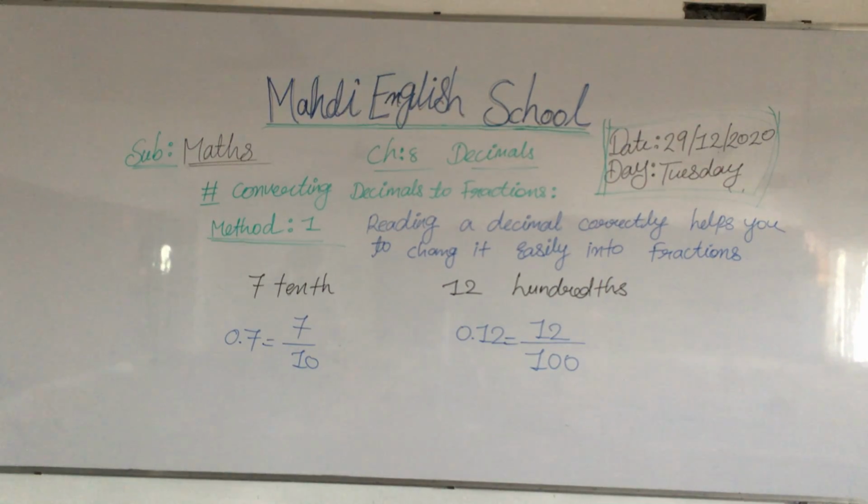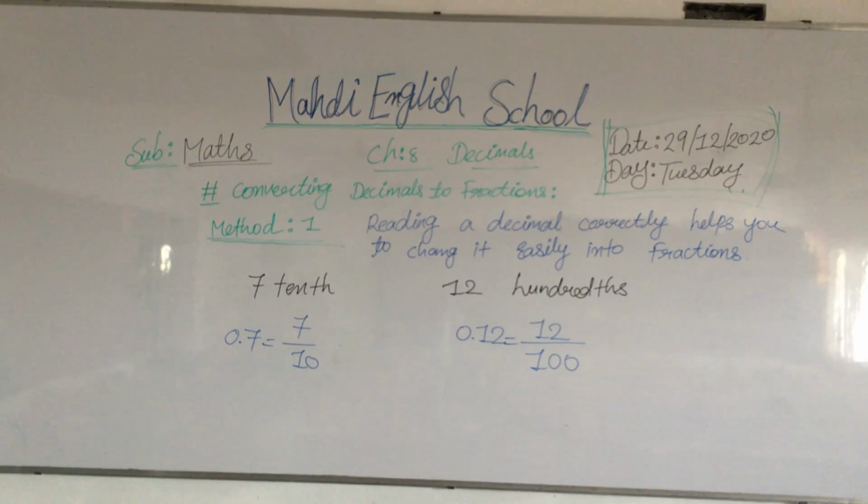Okay students, this is for us. And how do we convert? We convert by reading which form of the word in words? 7 tenths, 12 hundredths. Okay, 7 tenths and 12 hundredths.